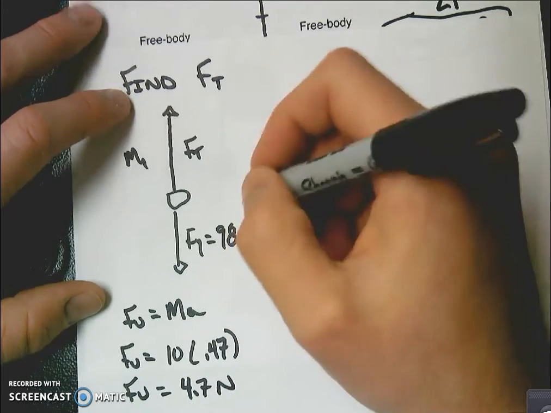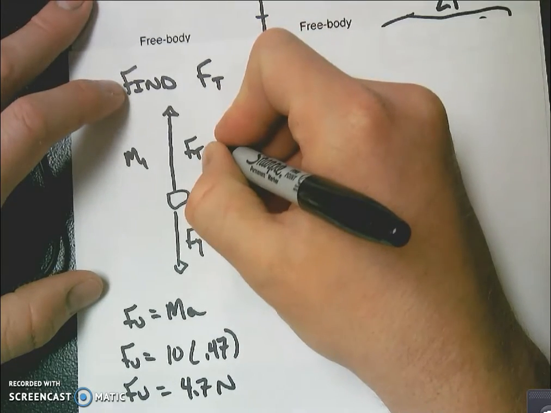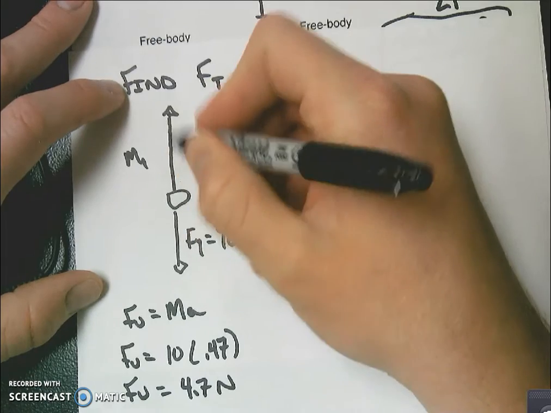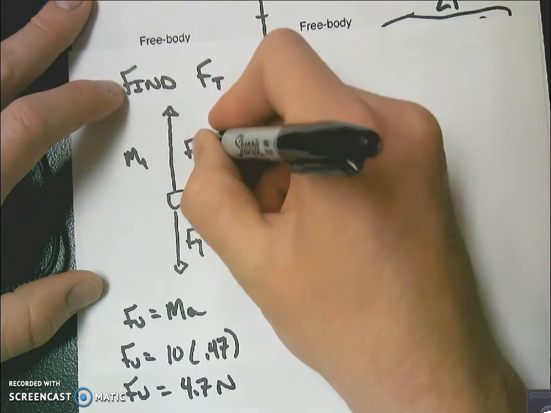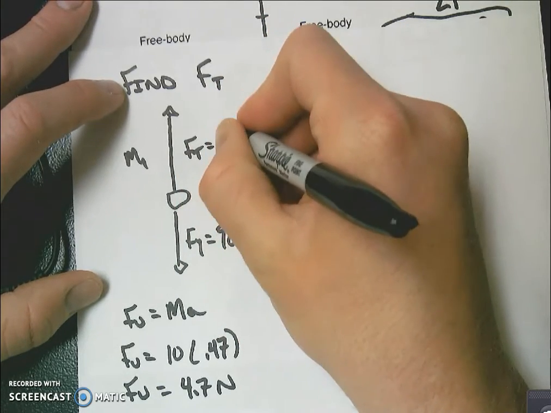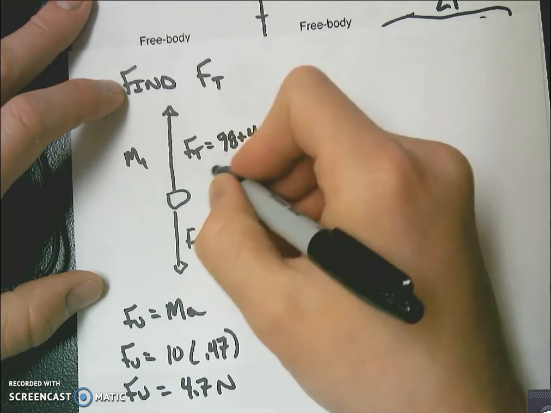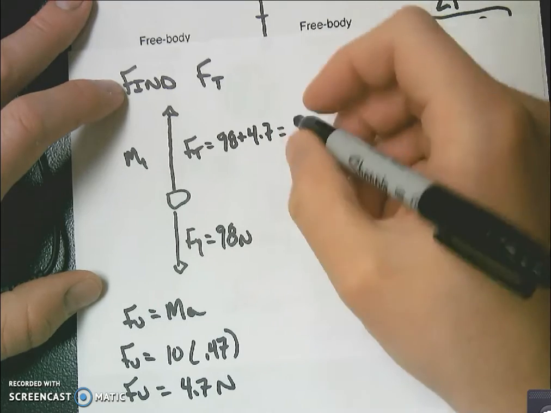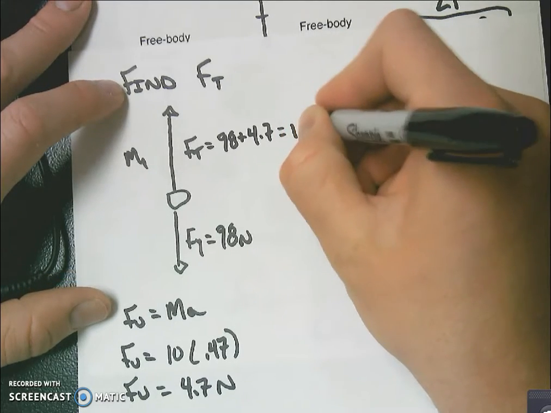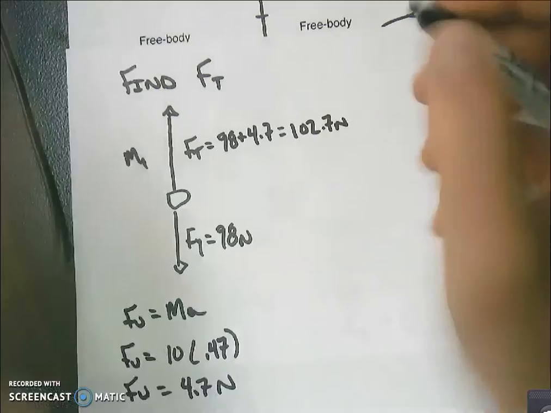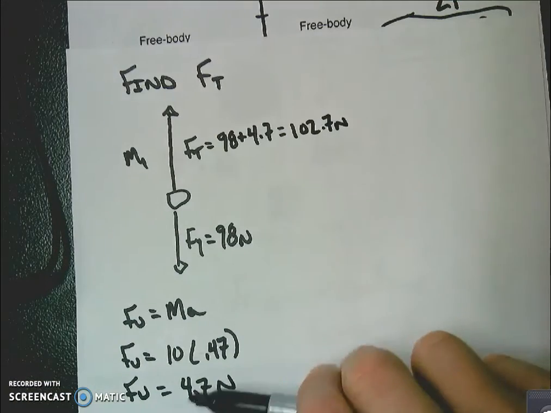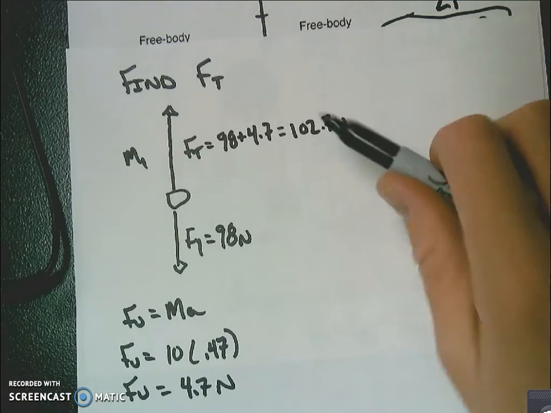Okay, so that means that my force of tension is 4.7 larger than my force of gravity. So my force of tension then is going to be 98 plus 4.7. So that becomes 102.7. And so that then makes our unbalanced force true, this being 4.7 larger than that.